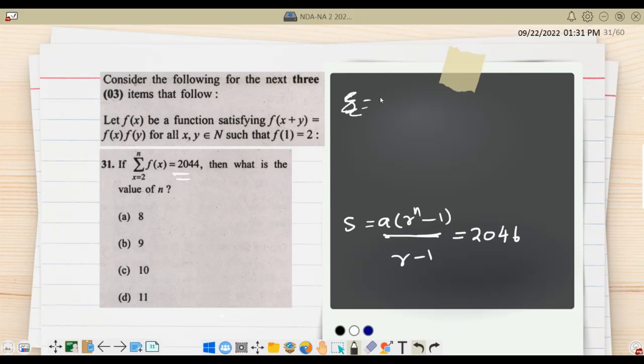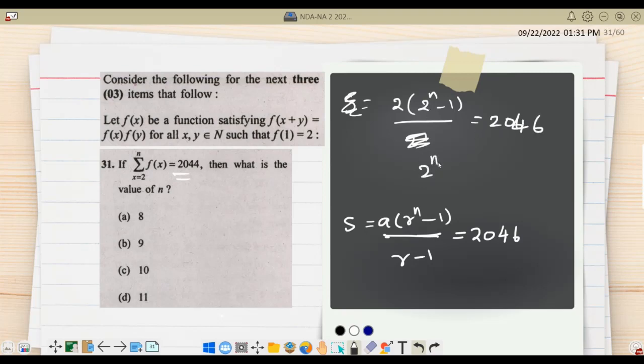So s becomes a is 2, r power n which is 2 power n minus 1, divided by 2 minus 1, which is 1, so we don't need to write that. This is equal to 2046.